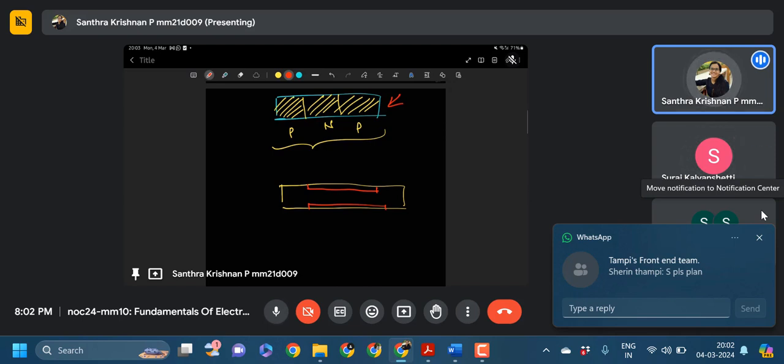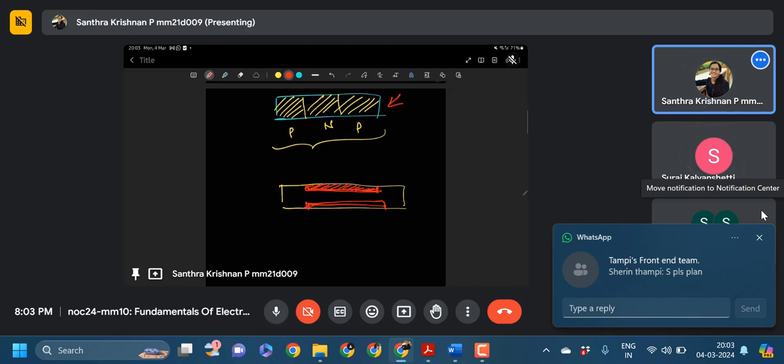In a BJT, the distinctions between emitter, base, and collector can exist even in the absence of any external field. But in an FET, if you are superimposing this P part on N and not doing an external process, this external region won't exist.